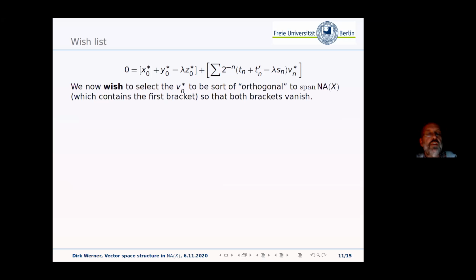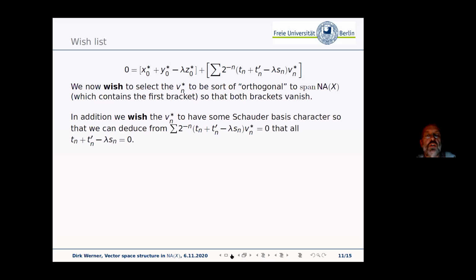And at that point, I remind you that the Vn stars that Charles Reid was choosing were norm-attaining functionals themselves. So this is the decisive juncture where the two approaches differ. Fine, so we are cooking up a wish list, and let's see whether we can make the wishes come true. This was our first wish.